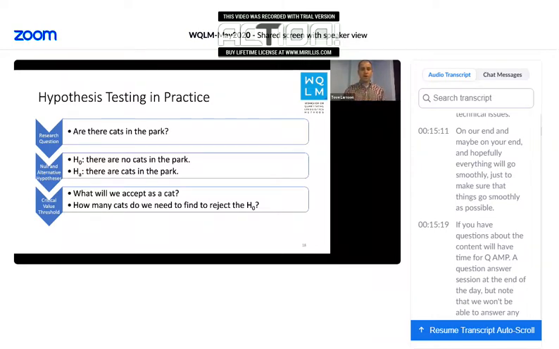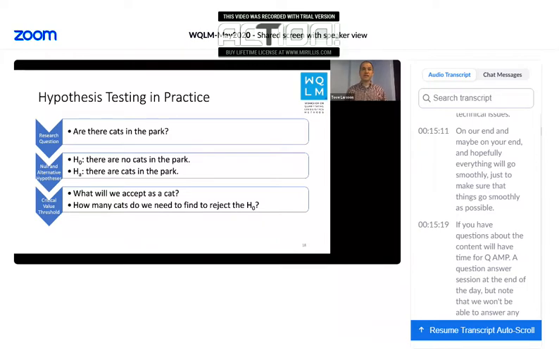We have a null hypothesis that says there are no cats. We make no assumptions and say that by default we assume that there are none. The alternative hypothesis says that there are. And then we have some sort of critical threshold at which we'll decide that there are cats in the park.